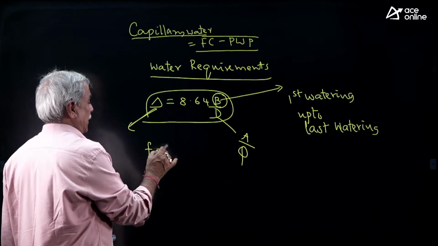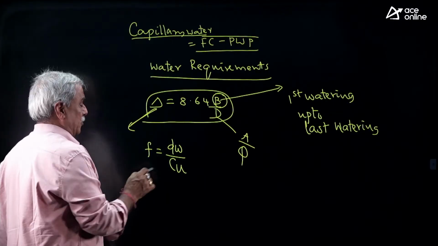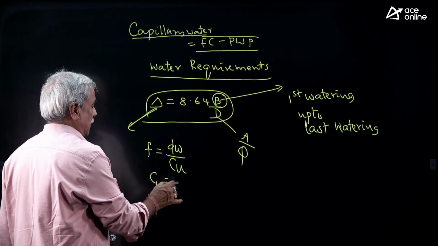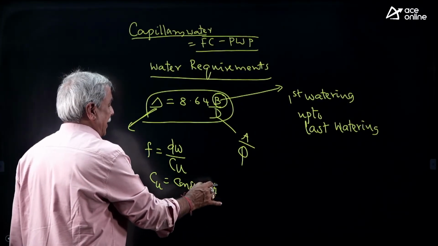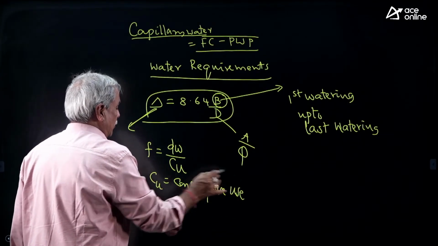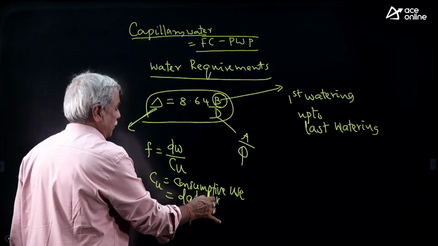Then frequency formula, dW divided by Cu. Cu is called consumptive use. Consumptive use is nothing but daily demand of the water.